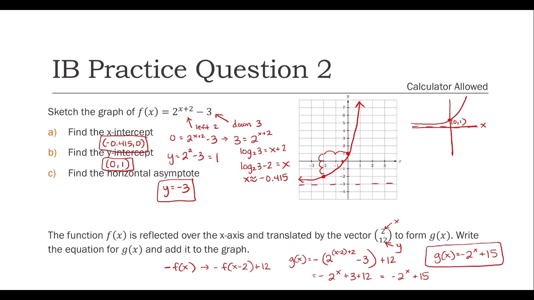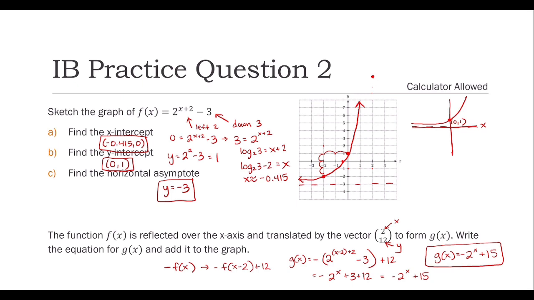So if we reflected (0, 1) over the x-axis, we'd get (0, -1). And then we want to go right 2 and up 12. So at 2, we'll have the point (2, 11). From our -2, we can reflect it over the x-axis.